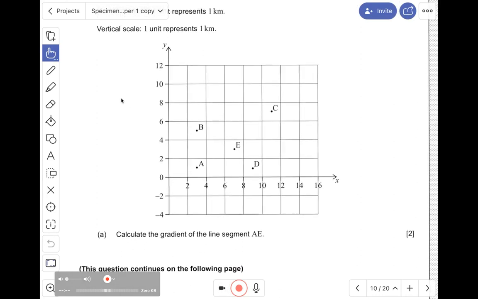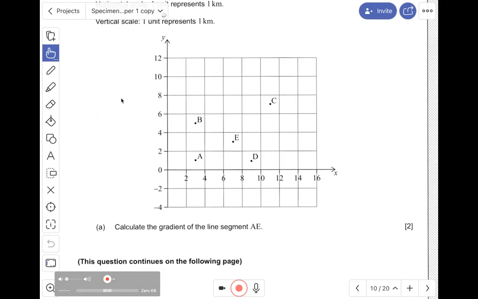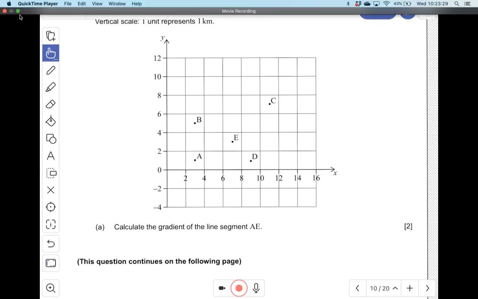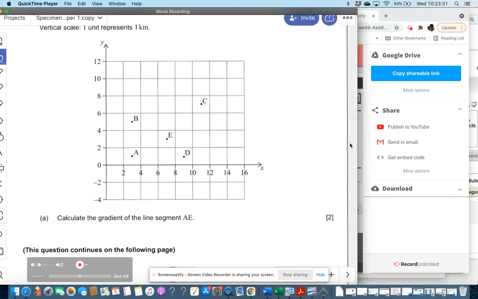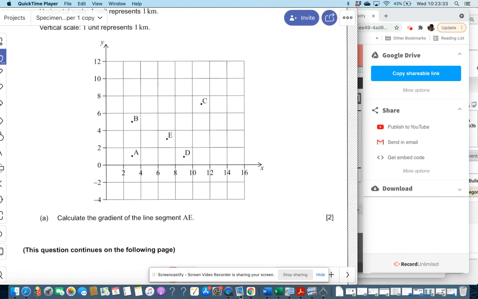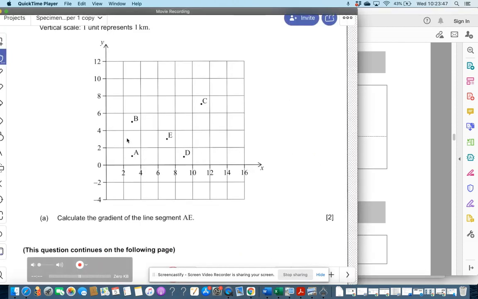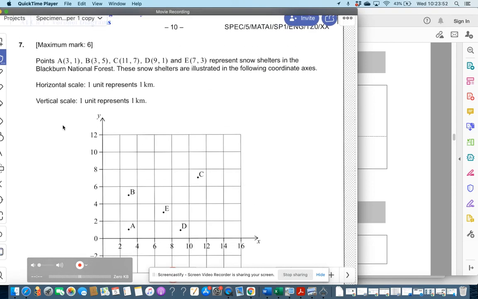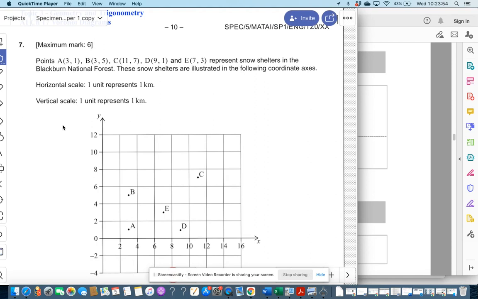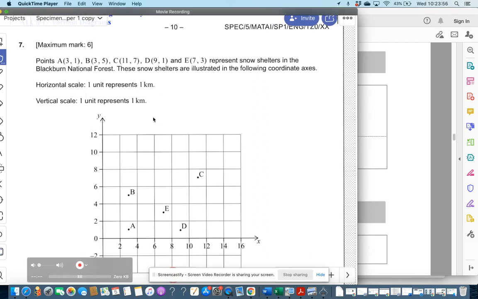Calculate the gradient of AE. This is just basically the gradient formula that we had in functions, where you just take the coordinates of the points and find the difference there to find M. So AE, we need the coordinates for A, 3, 1, and the coordinates for E, 7, 3.